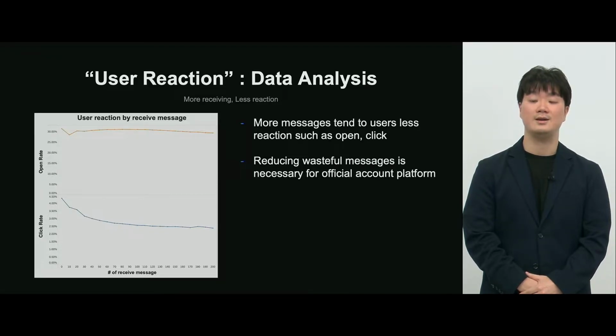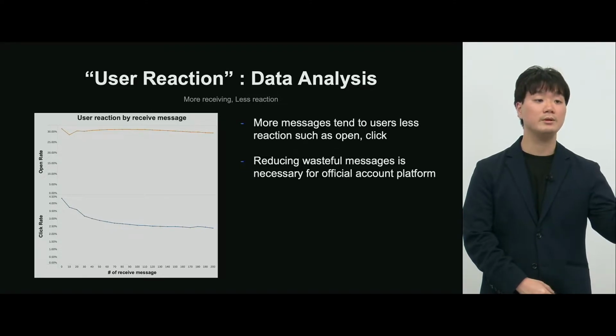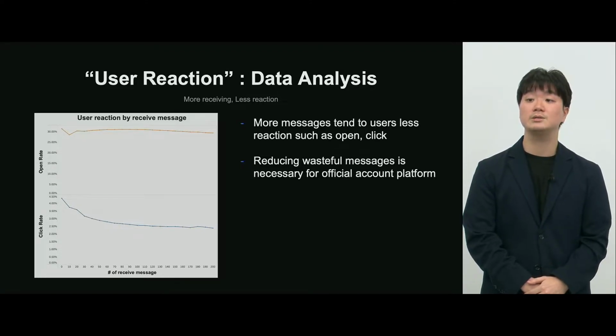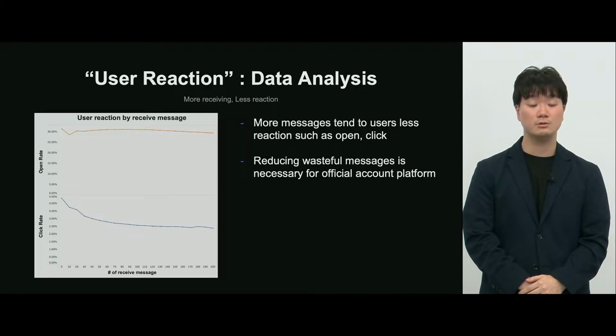These two charts show actions like open or click reactions against the messages sent from the Line public account, especially the one below. This chart shows the number of clicks toward the right of the chart. The more messages the user receives, the fewer clicks or opening actions they make.